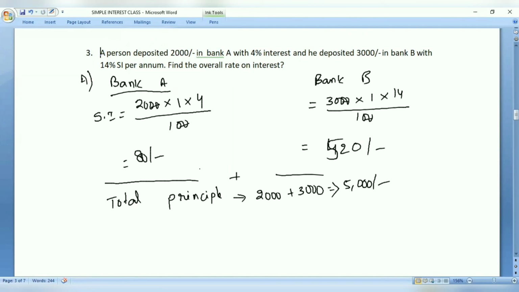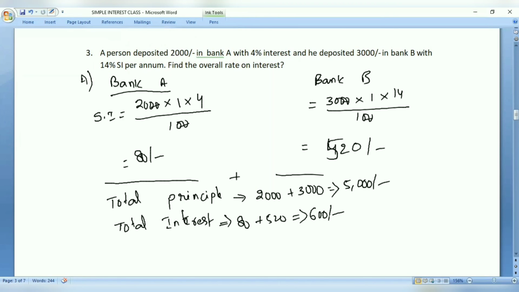Then what is the total interest that is earned? 80 plus 520, that is equal to 600 rupees as the interest.